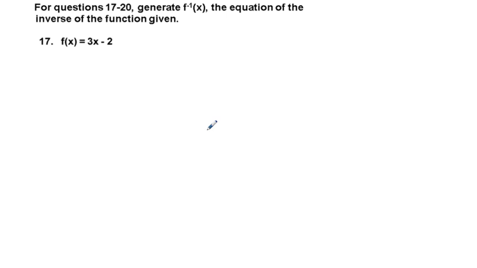Okay, for questions 17 through 20, generate f-1 of x. In this f-1 of x, that is called inverse function notation. What it is, this is algebraically or analytically, and there's a four-step process to determining inverses from functions.